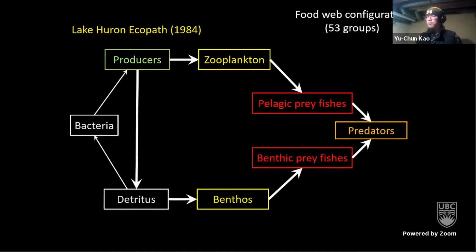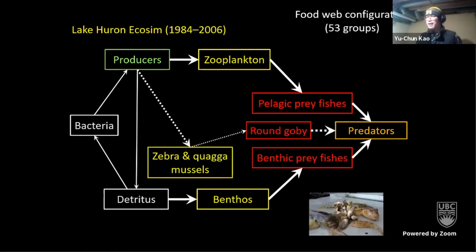All we wanted to do was represent this food web model in the Ecopath period. Note that here is a microbial group. Then in the Ecosim period, we have these new pathways: zebra mussel and quagga mussel invasion, and round goby as predator.